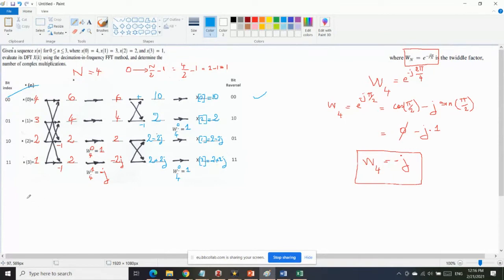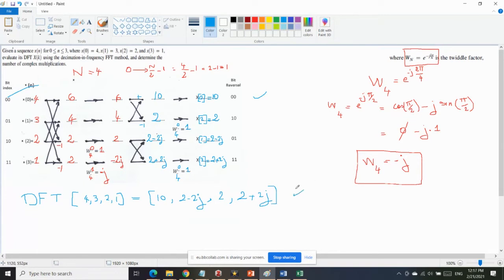Allora, the DFT of the sequence 4 3 2 1: X0 is 10, X1 is 2 minus 2j, X2 is 2, and X3 is 2 plus 2j.